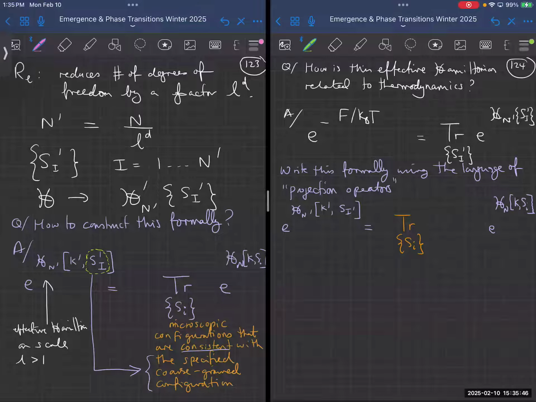But I'm going to put in here a projection operator, which I'm going to call P of little si prime, like so.